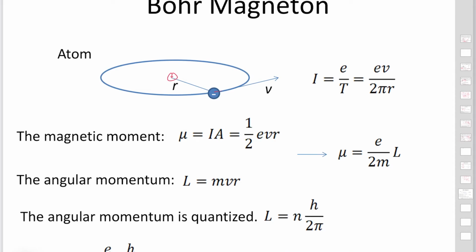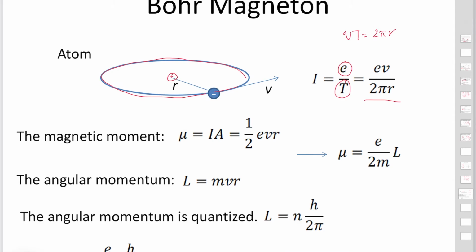If you consider the circular motion of the electrons, the current can be calculated as electric charge divided by the period of the circular motion. So vT should be equal to the circumference, 2 pi r, so T can be expressed. So the current due to the electron is e v over 2 pi r.